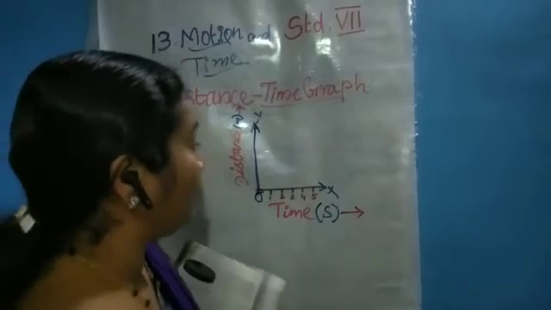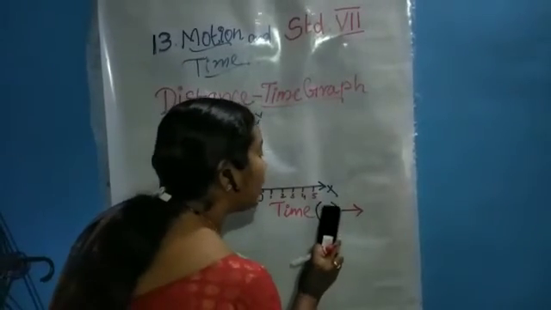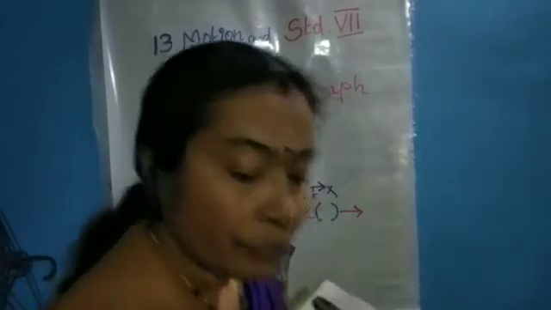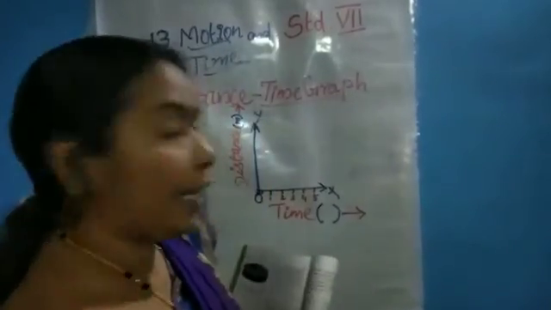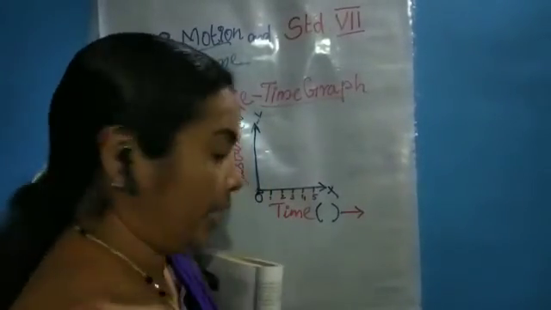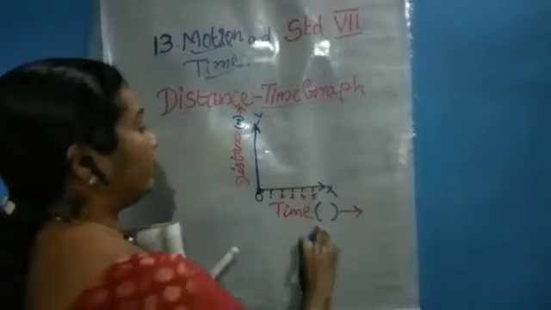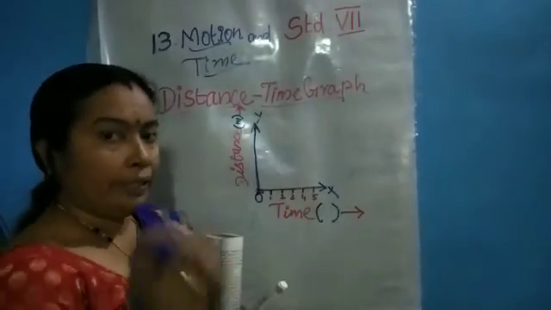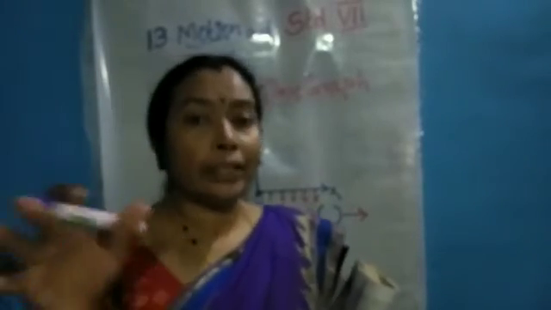So what do we have to do? We have to change the unit to minutes. According to the question, whatever unit they give, that one we have to write. As standard, we write time in seconds and distance in meters, but if they ask to plot the graph by giving data, whatever unit they gave, that unit we have to write.